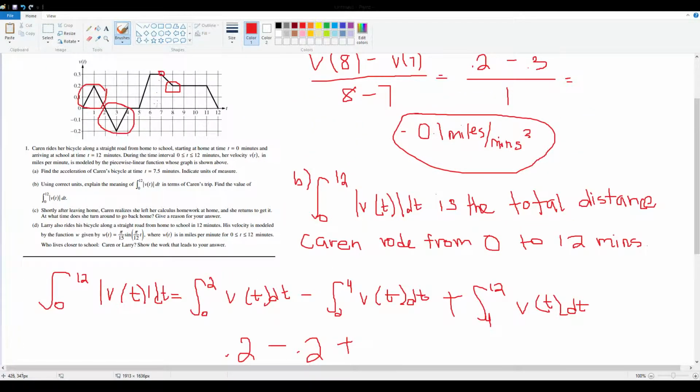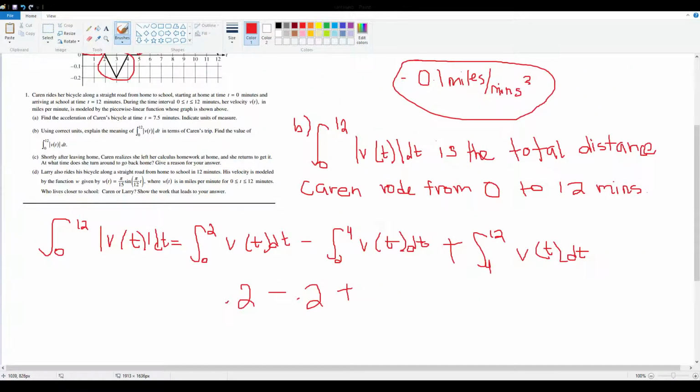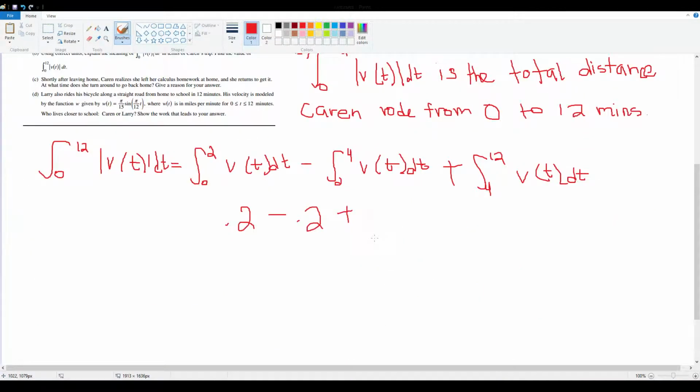So you have 11 squares, that's 1.1, plus the halves right here and here, which is 0.3, so you have 1.4, and that equals 1.4 miles.